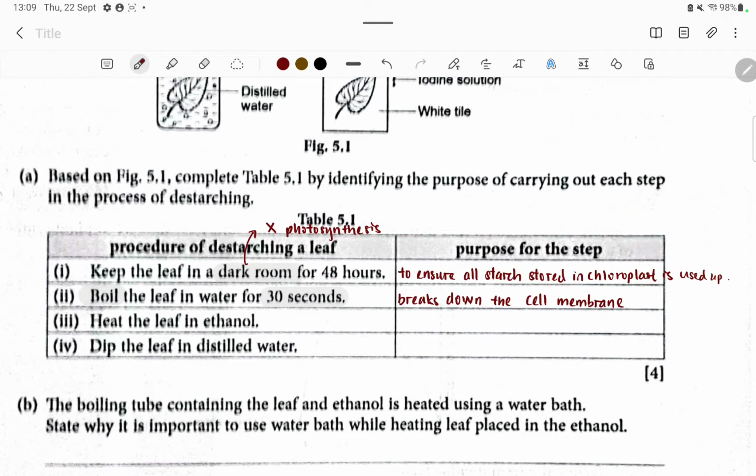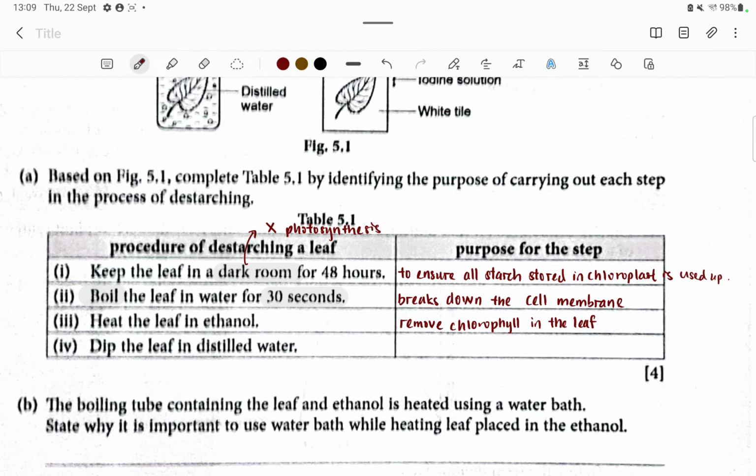This one is to remove chlorophyll in the leaf, sorry, not chloroplast, chlorophyll. Normally the leaf is green in color. So when we test with iodine, we need to know if there is starch.